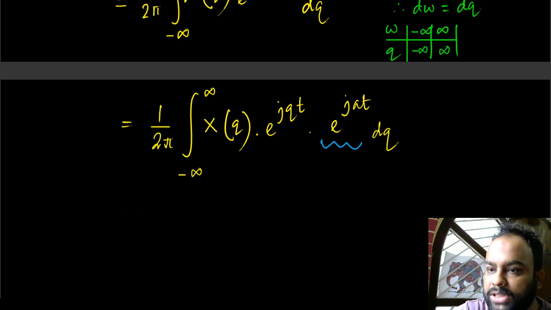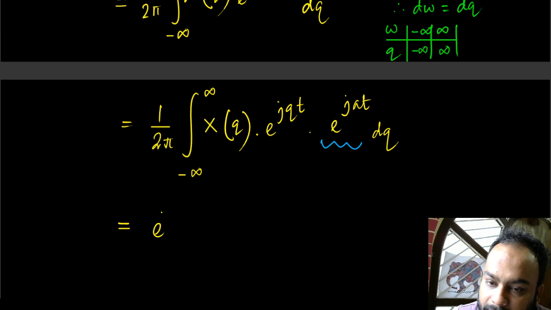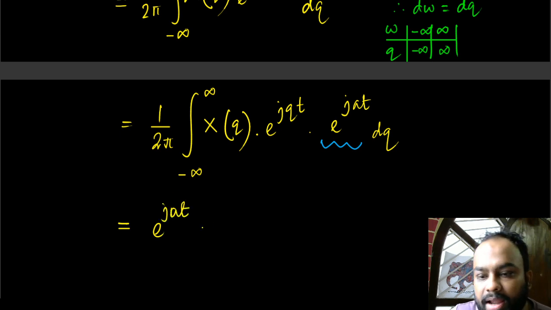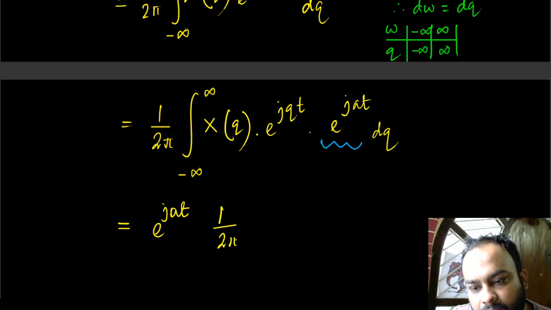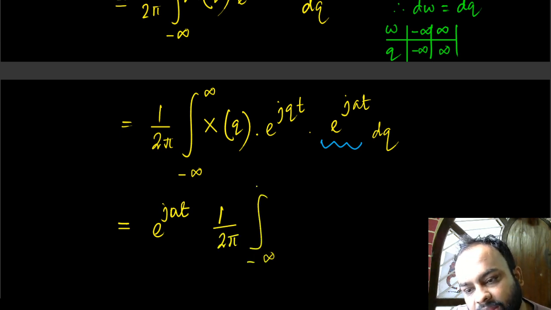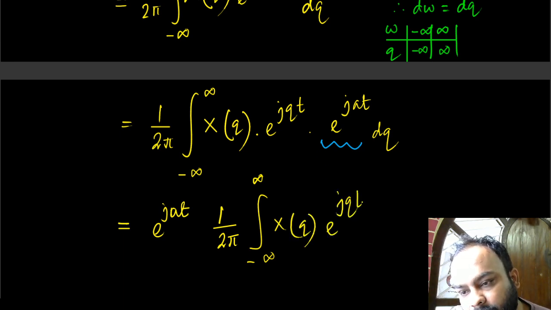So it can go outside the integration, and if it goes outside the integration, it becomes simply e to the power jat, right? And we have the rest of it, 1 by 2 pi integral from minus infinity to infinity X(q) e to the power jqt dq.